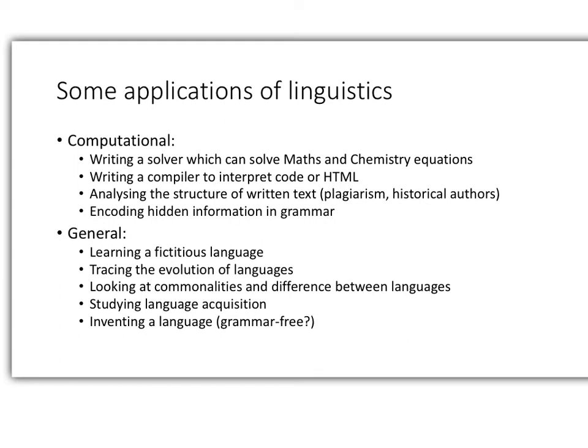The kinds of things you can do: first of all, you could write a solver to solve maths and chemistry equations, which is really quite fun. You could do a much better job than something like MathTrack and Math Online, because you could, in theory, make something which can randomly produce expressions of specified complexity based on how much of the grammar you're using in one question, and your solver could also work out the value of those maths expressions by going through the grammar.